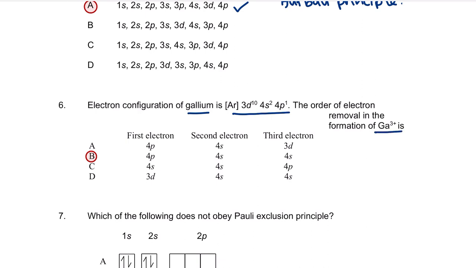Now what happens when we want to form gallium 3+? We have to remove 3 electrons. And how do we remove them? We remove from the highest energy orbital first, followed by the next. So the highest energy orbital would be 4p, so there's 1 electron. And then we remove both the electrons in the 4s, giving us gallium 3+.